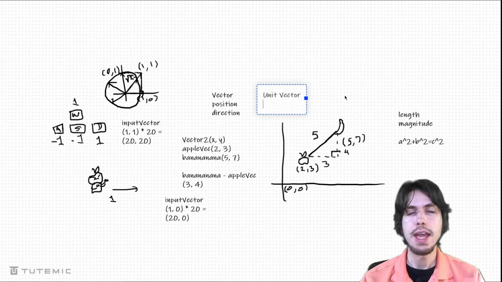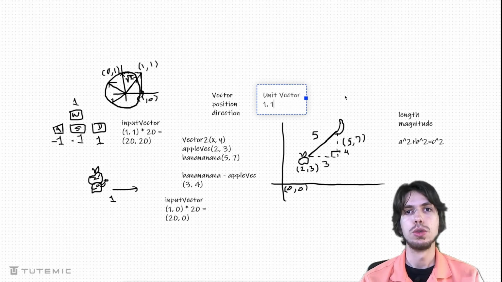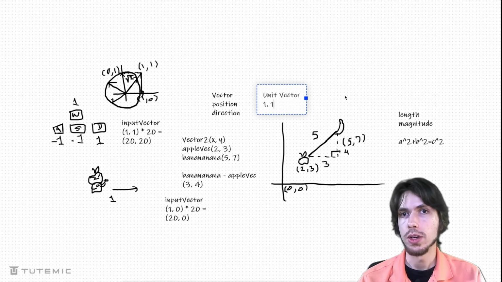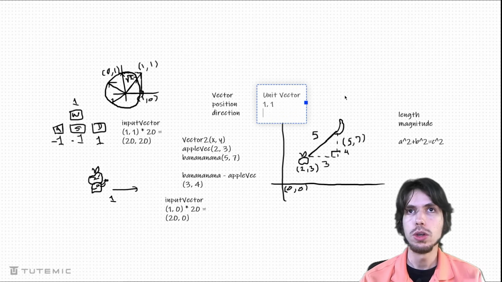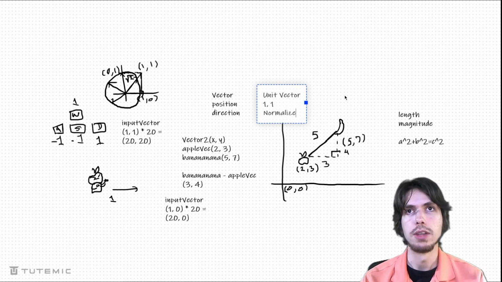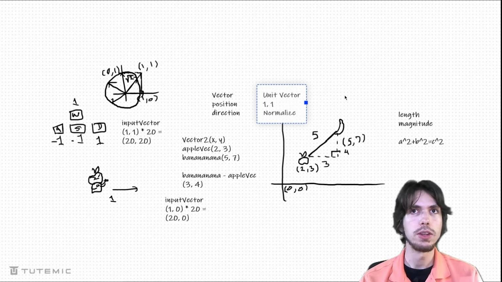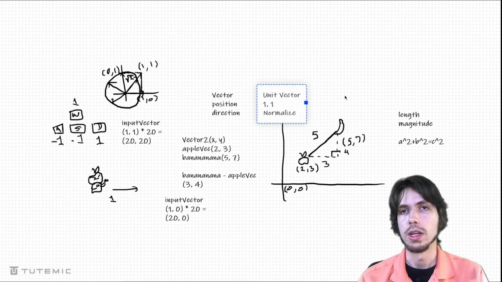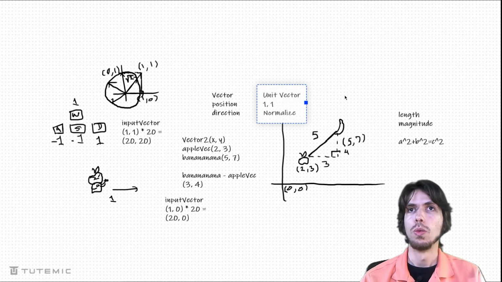And in order to take any vector, so let's say 1, 1, and make it a unit vector, to make it so its magnitude is length 1, what we do is we normalize the vector. When you normalize a vector, you turn the vector into a unit vector where it is length 1. So what would be the normalized form of 1, 1?